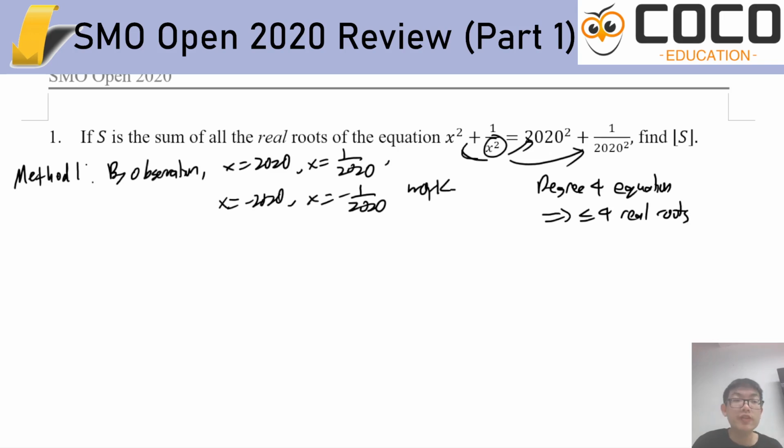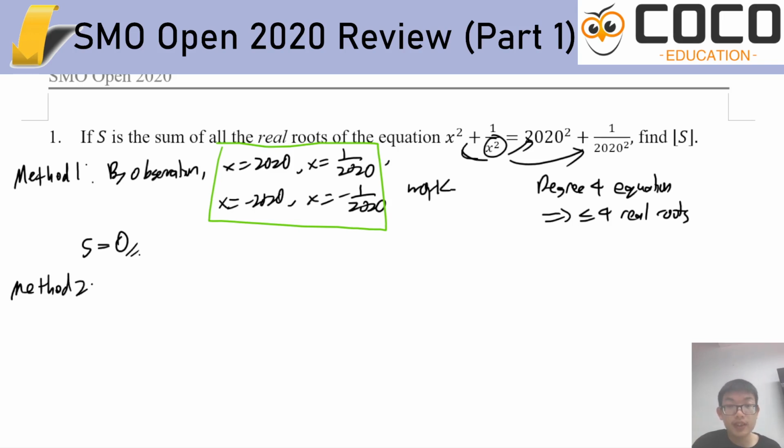So if there are at most 4 real roots and we have found the 4 real roots, that's it. The sum of roots is 0. Which is something that in retrospect we can see is quite clearly true, since this left-hand side is an even function.